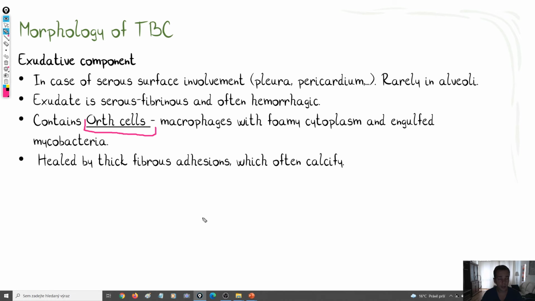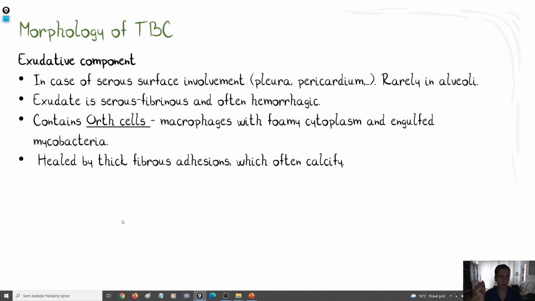So the exudate in TBC is typically serous fibrinous, often hemorrhagic, and Ort cells full of bacteria flow into the exudate. And exudate has a tendency to be healed by very thick fibrous adhesions, and those fibrous adhesions often calcify. So at the end, the heart or lung can be literally cemented in a thick wall of calcium.